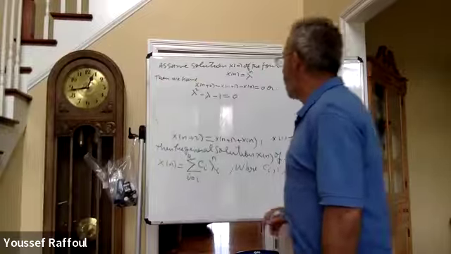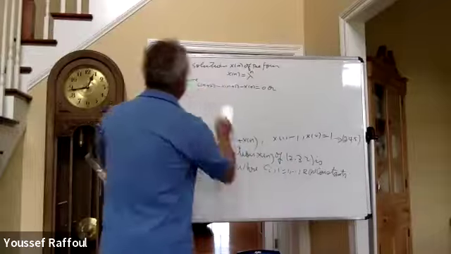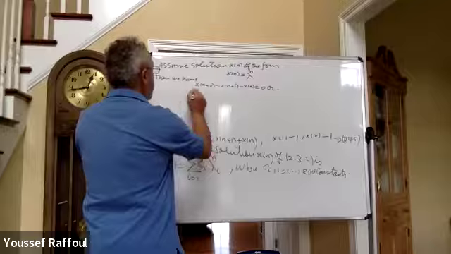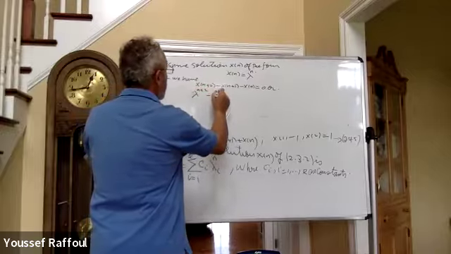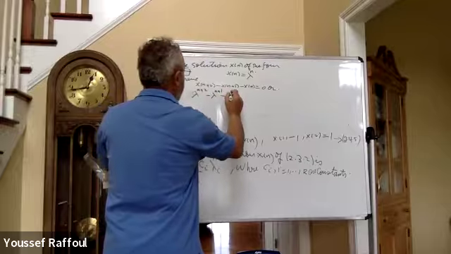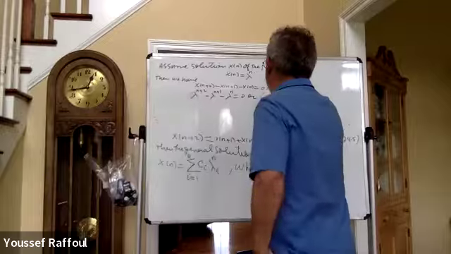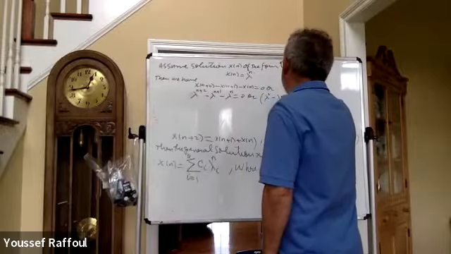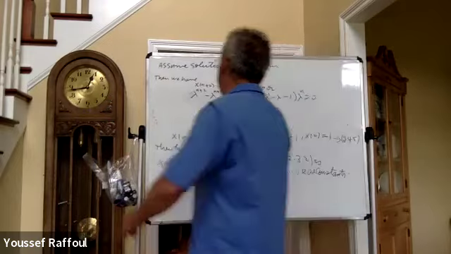What happened here is, you see, this is basically lambda^{n+2} minus lambda^{n+1} minus lambda^n equals 0, or (lambda squared minus lambda minus 1) lambda^n equals 0.